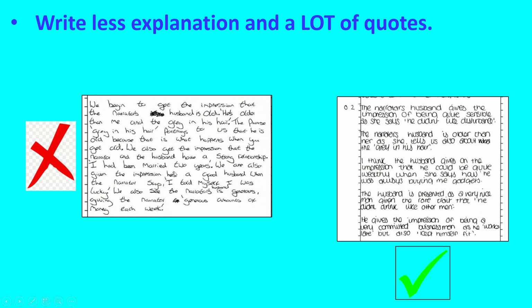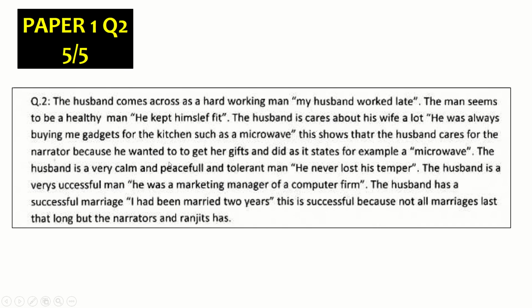We don't want something like this, which happens so much for grade 3 students, where you put one quote and explain it 7 or 8 times. If you are doing an explanation that lasts 7 or 8 lines, all it means is you're repeating the point. Don't repeat the point. Give me a quote, say why it's been used, move on to your next quote. So this person here would have got 1 for that, and this person here would have got 5. 5 quotes, 5 marks, 1 quote, 1 mark.